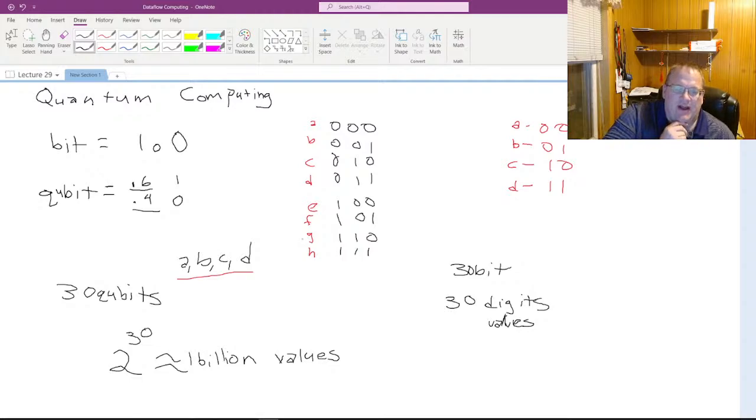You can capture it at one point in time, but you don't know what that's going to be in the future, especially since when you do measure it, that actually corrupts it. So they're still working on these things and trying to figure it out, but that's the way it is.